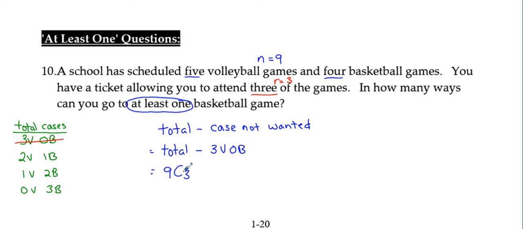If you take away the one case that you don't want, that would be 3 volleyballs, no basketballs. So out of the 5 volleyball games, we're going to choose 3 of them. And out of the 4 basketball games, we're going to choose none of them. And that works out to 74 ways.